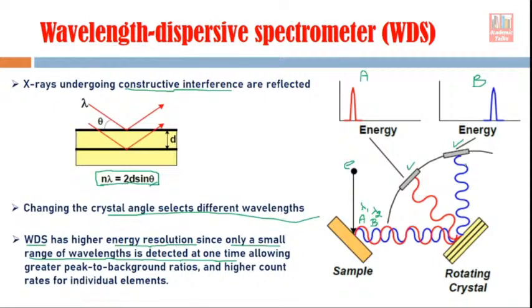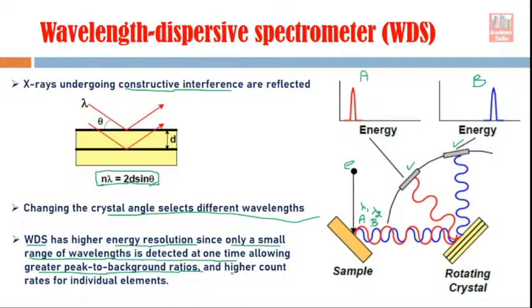So at once we are focusing on one particular wavelength, while in case of the energy dispersive spectrometer, no such wavelength selection was possible. Now because we are selecting one wavelength at a time and detecting only that one, it allows us to have a greater peak to background ratio, right?